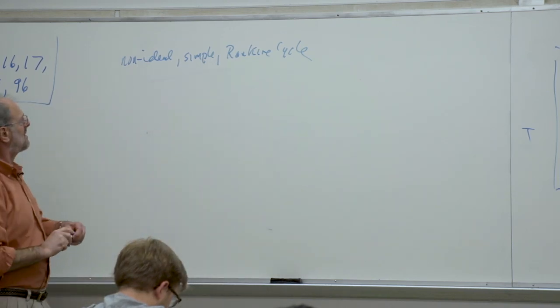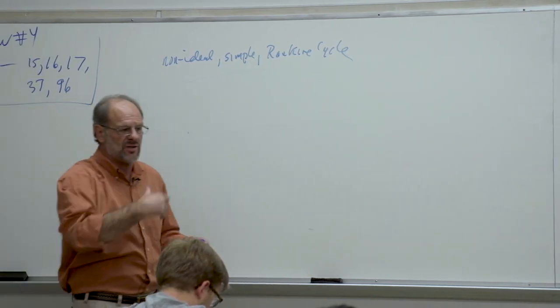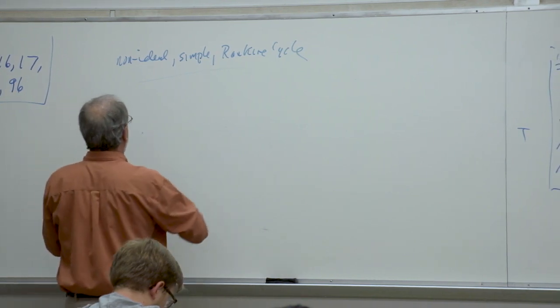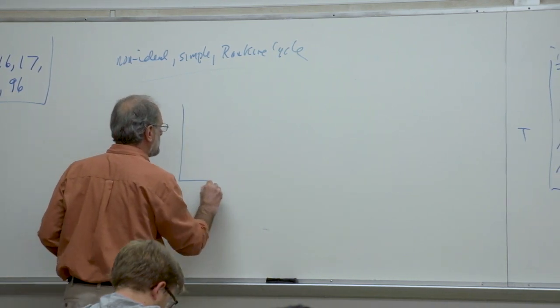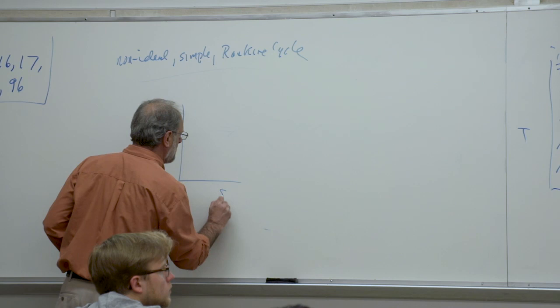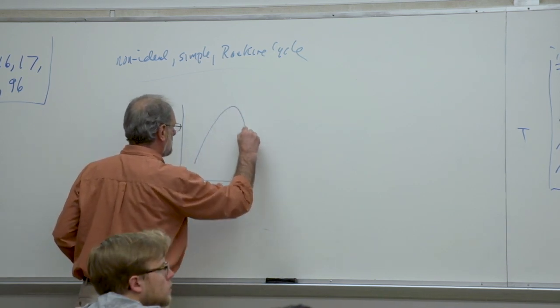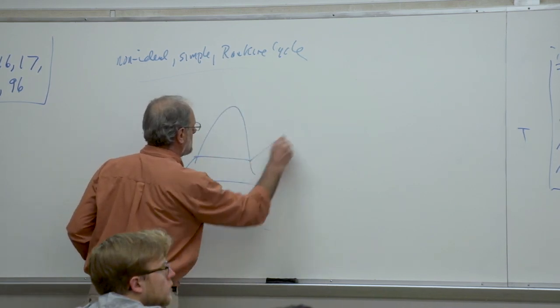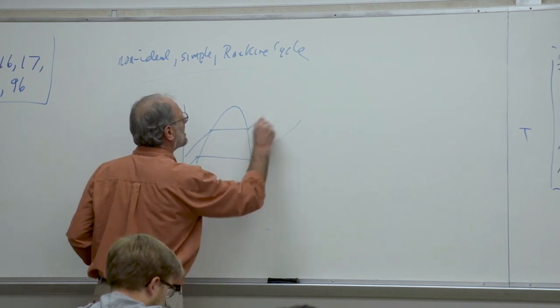Because it's still a simple Rankine cycle, there's no need to redraw the schematic diagram, but certainly there will be a slight change in the TS diagram. Let's still show the constant pressure lines.